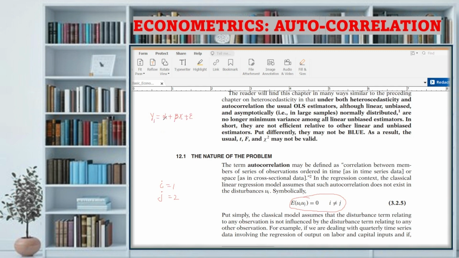So for the first observation, I have y1 equals alpha plus beta x1 plus epsilon 1. Then I have y2, my second observation, which is alpha plus beta x2 plus epsilon 2. We're saying these two errors are correlated. In other words, this error is linked to this.